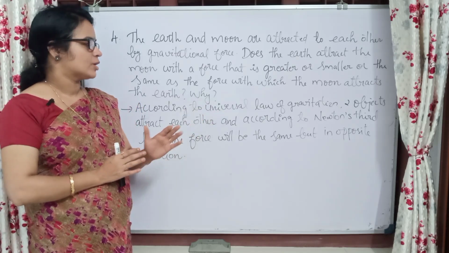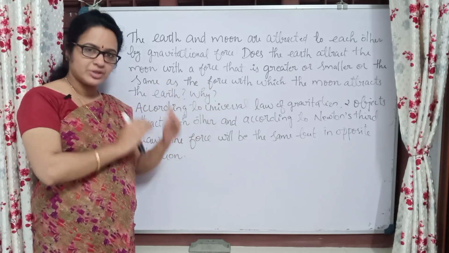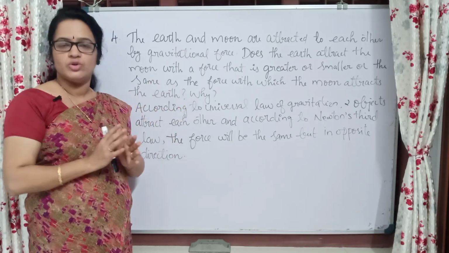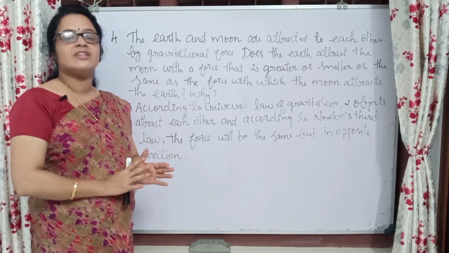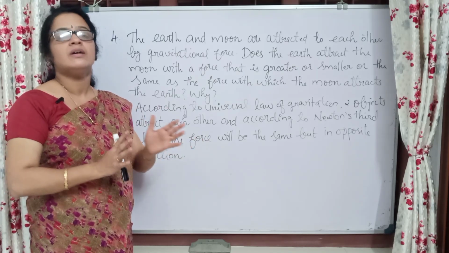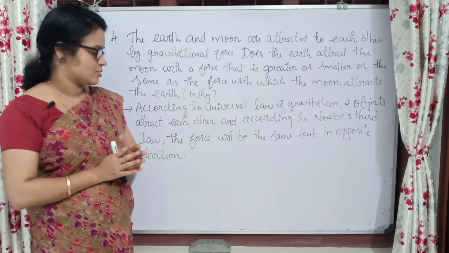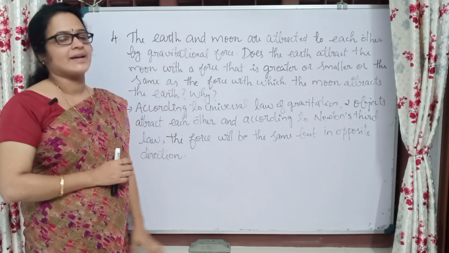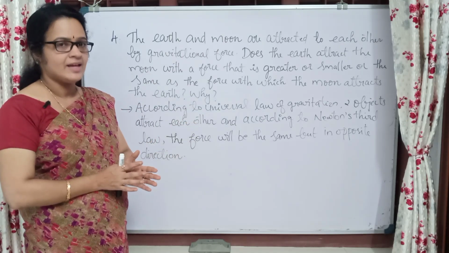Okay, so what we can conclude from this, because according to Newton's third law of motion, the force between earth and moon will be the same, but it will be in the opposite direction. So magnitude will be the same, but the direction will be opposite. So like that we can say. So when earth and moon are attracted towards each other, how we can say?